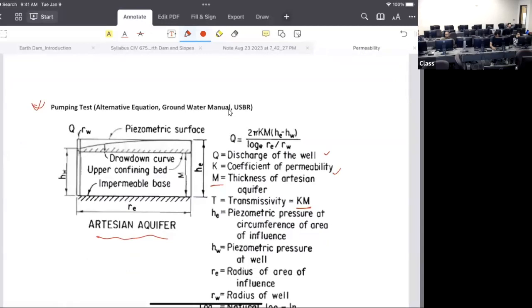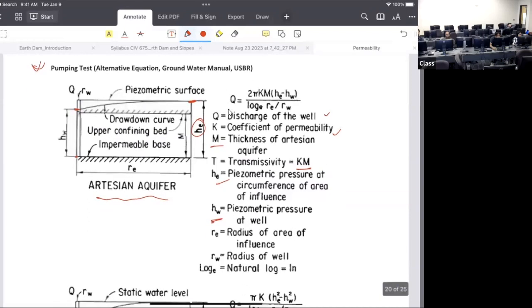Then you know the piezometric pressure HE at the surface, and HW right here at the borehole. So you have HW and HE, then you have RE and RW.